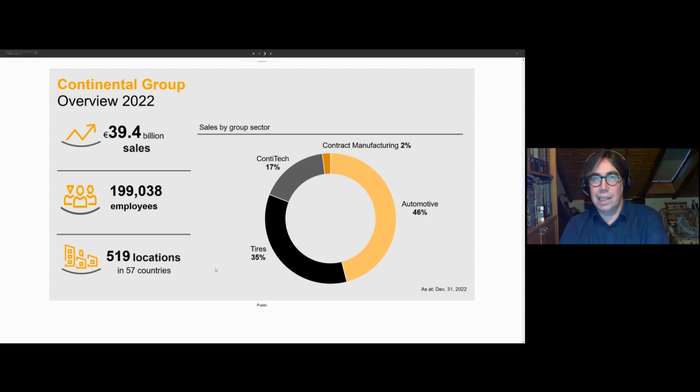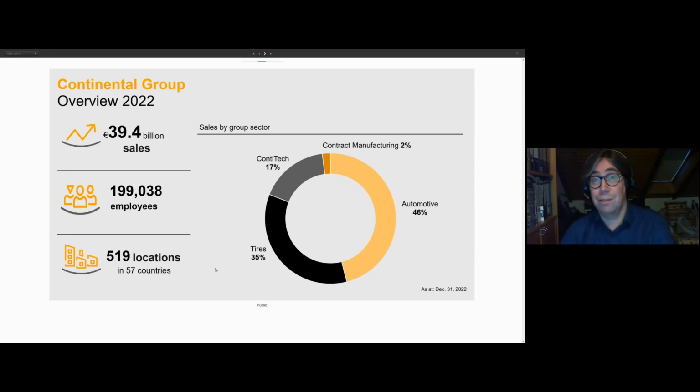About a third of our sales comes from tires for passenger cars and trucks, which you may know. Almost a half comes from mechatronic parts for passenger cars, such as the electronic brake control systems for which I work, and the rest is industrial rubber, such as conveyor belts.